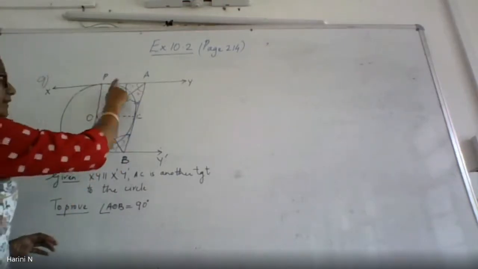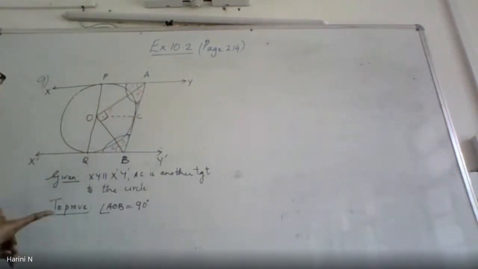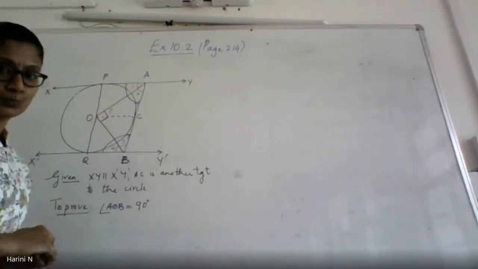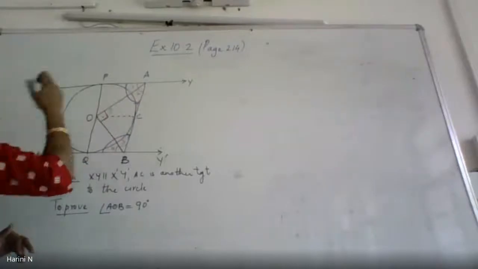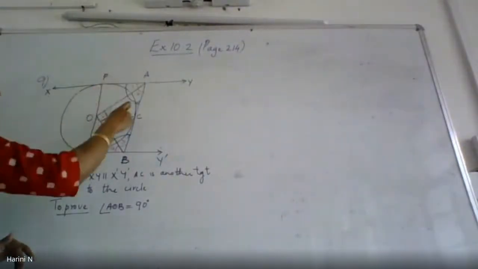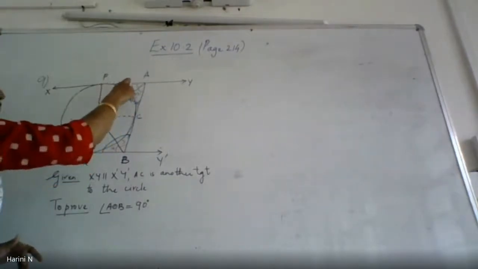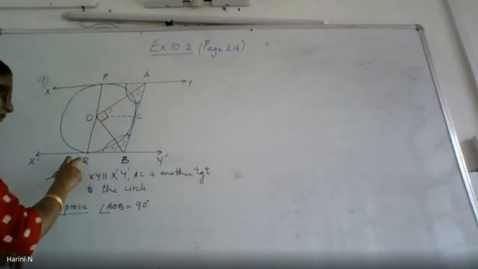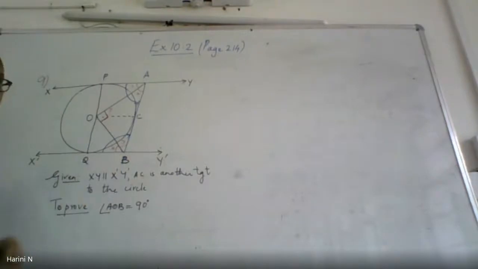Yes, ma'am, because 1 and 2 are equal. So instead of writing 1, I can write 2 and 2. This 2 plus 2 is your angle PAC. So PAC can be written as 2 times angle 2. And same way QBC can be written as 2 times angle 3.